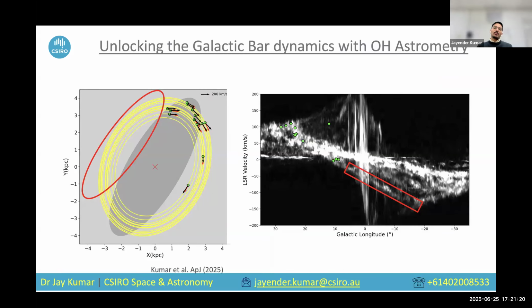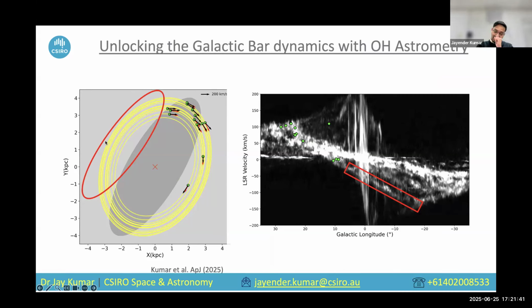Cool. Okay, so on the left hand side you see the same plot. On the right hand side you see the same region in galactic longitude, but looking at it in the LV diagram, and these are the same major spots that you see, which we have got parallaxes to.